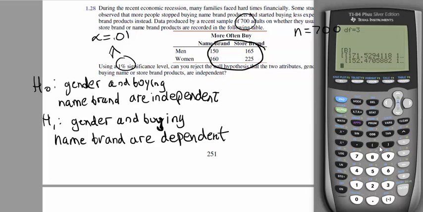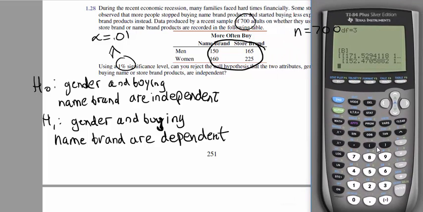All right, so let's go to second in matrix and go over to edit. And this one is 2 rows by 2 columns. So I'll make sure it's 2 by 2, and enter the 150, the 165, the 160, and then the 225, and then second, and then quit.